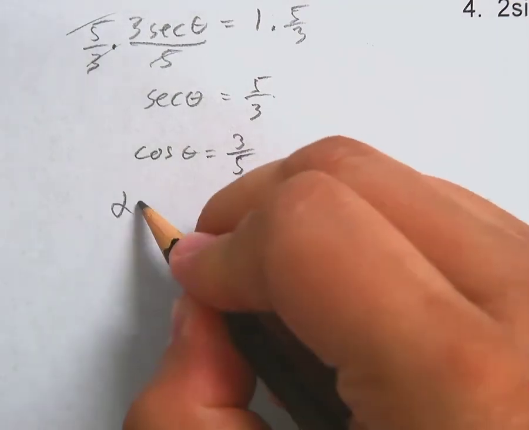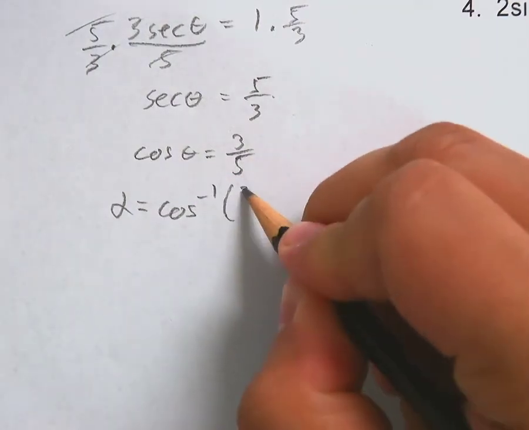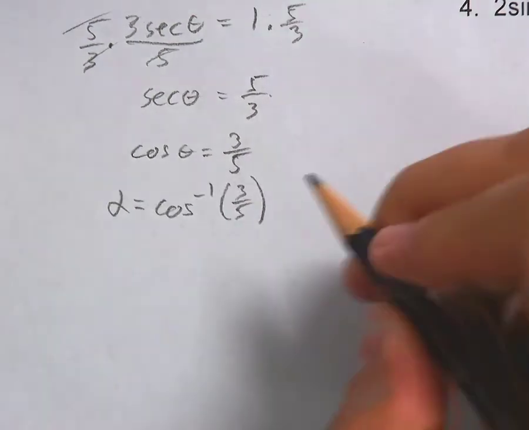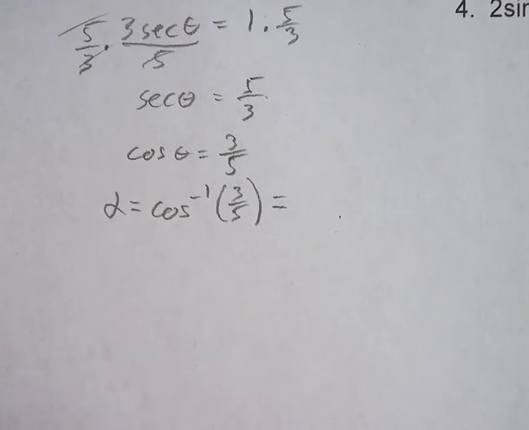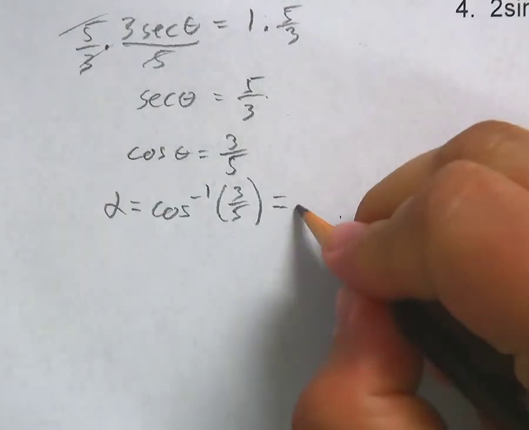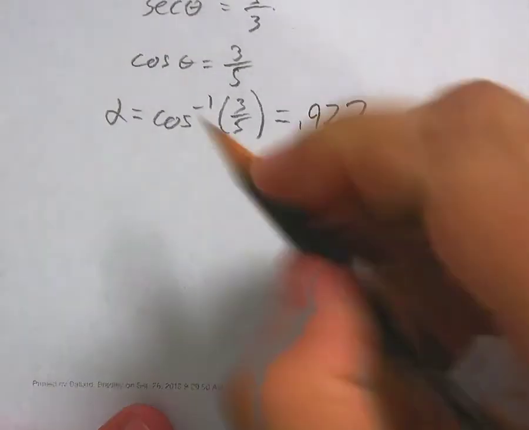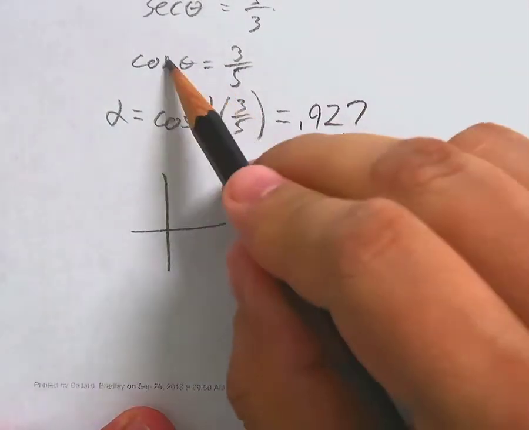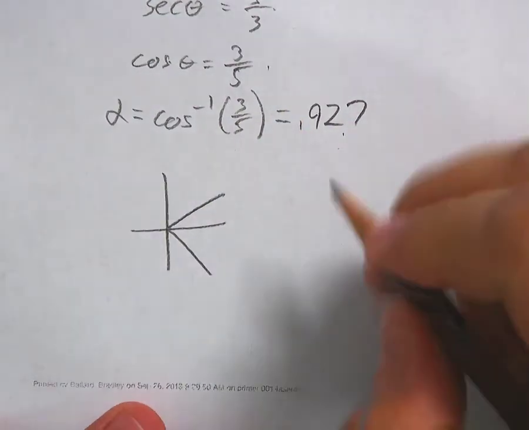So alpha is the inverse cosine of 3/5. And that is going to be equal to, carry the 1, 0.927 rather. And where is cosine positive? It says cosine is a positive value. Cosine's positive here and here.